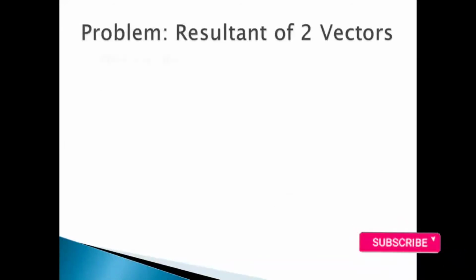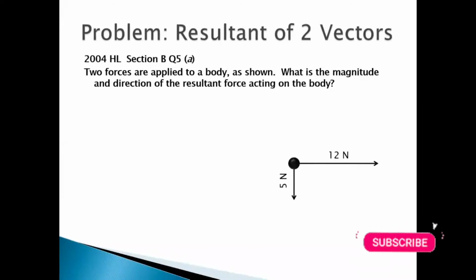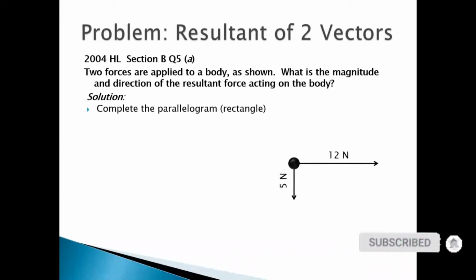Resultant of two vectors: forces are applied to a body as shown. What is the magnitude and direction of the resultant force acting on the body? You have 5 newtons and 12 newtons. So you have tail-to-tail connection of these vectors. What will you do? Complete the parallelogram.